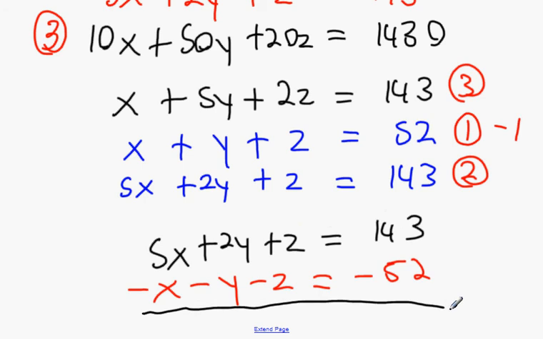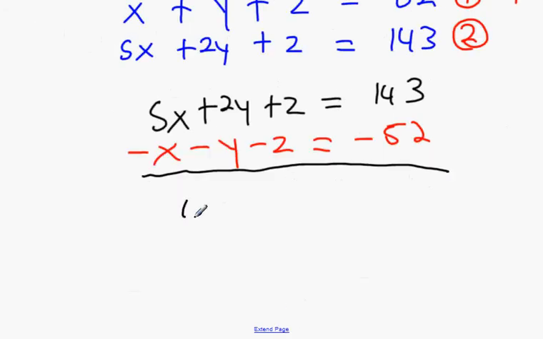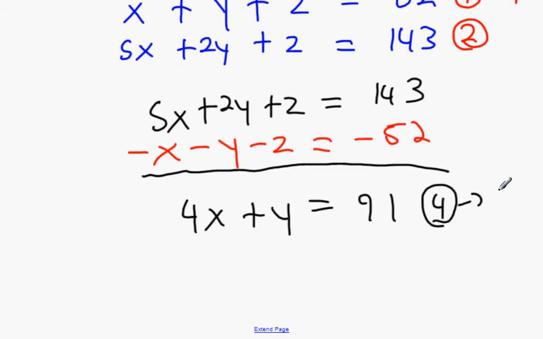And what we're going to get from this is 4x plus y. Now what's 143 minus 52? 91. Okay, that is one equation with x and y in it. This is equation 4, but mark down that equation 4 came from equations 1 and 2.